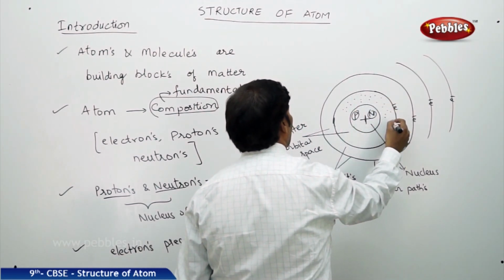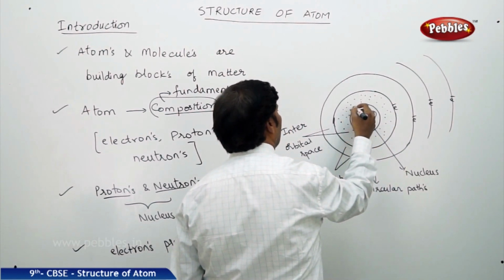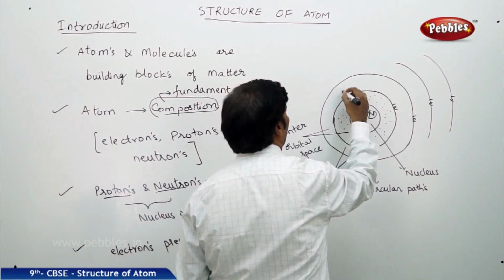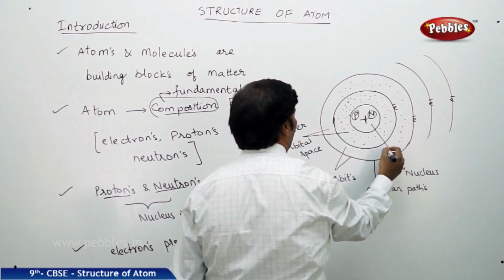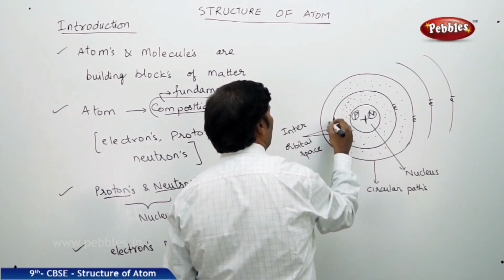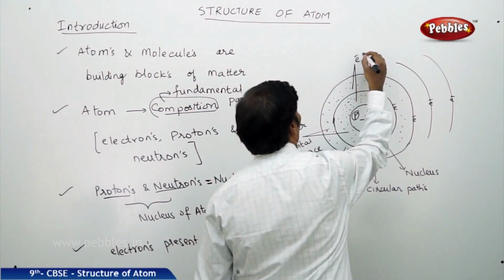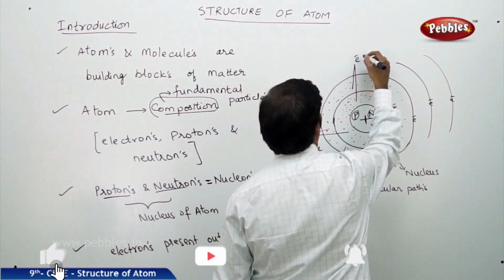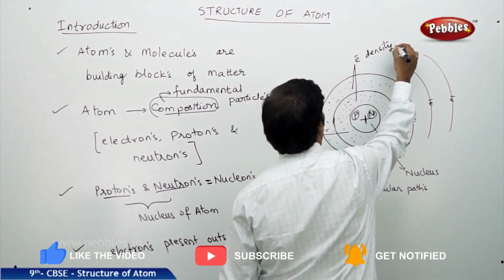All these dots show that the more the number of electrons, the more is the electron density. Either you can call it electron cloud, or you can call it electron density.